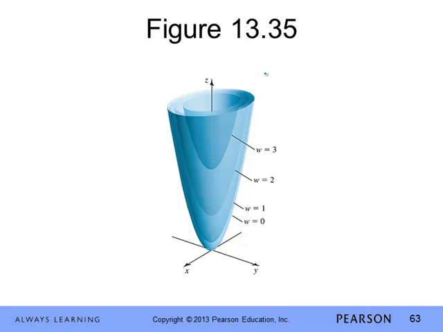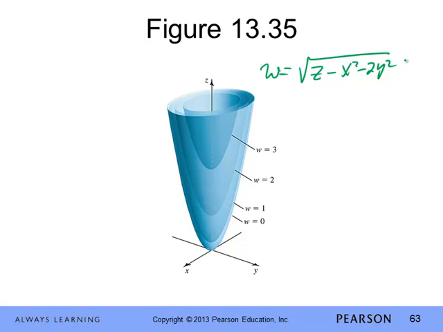So for example, if you have w equal to the square root of z minus x squared minus 2y squared, and you set w equal to 0, then you'd have z minus x squared minus 2y squared equal to 0, which would give you z equals x squared plus 2y squared, which is a paraboloid.